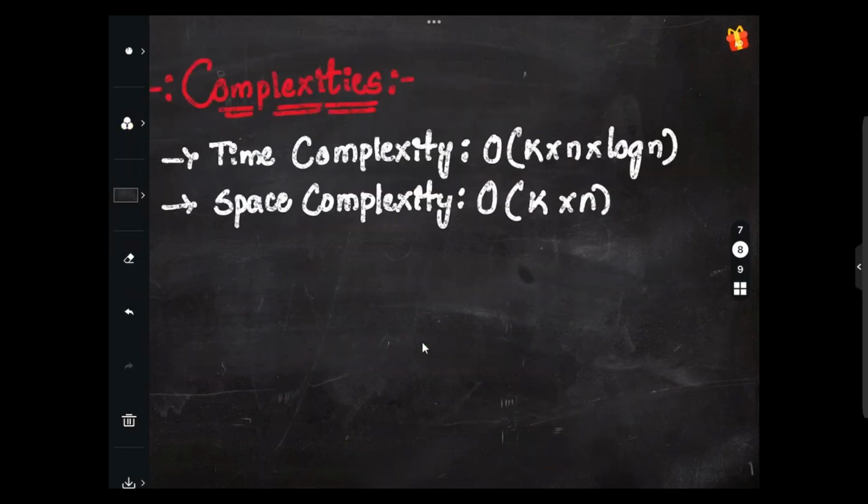So for each of the k plus 1 lengths, we process n elements, and each query or update on the segment tree takes big O of log n. We know this one, right?